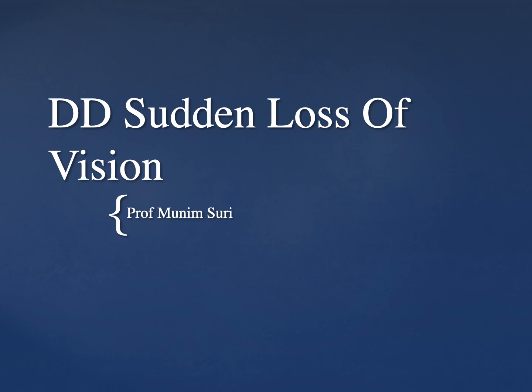And then lastly, anterior ischemic optic neuropathy. It has a picture very similar to optic neuritis or papillitis. But the main differentiating point here is that the disc is pale. Why is it pale?